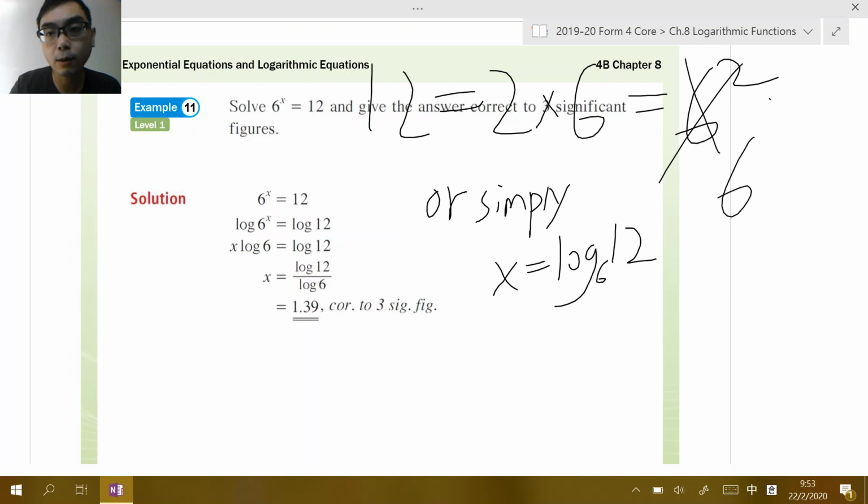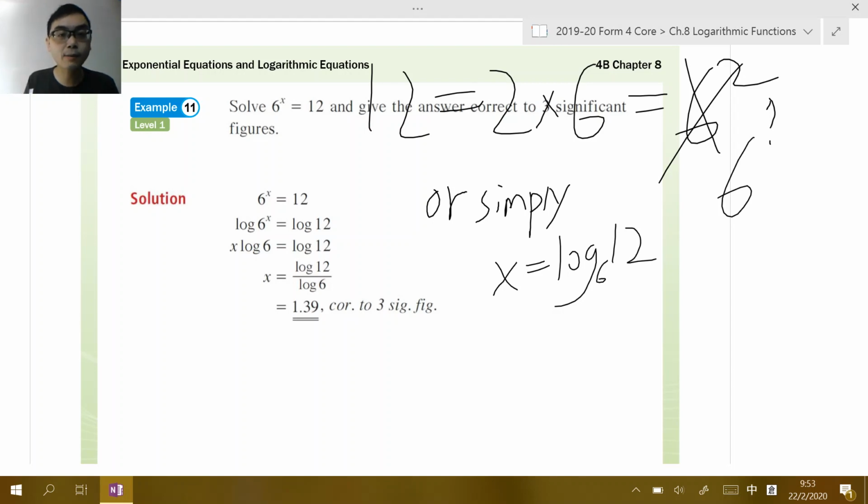Actually it should be an irrational power, because 6 to the power 1 is 6, and 6 to the power 2 is already 36. It's over 12. So even though 12 and 6 have a certain relation, it's not an exponential relation.